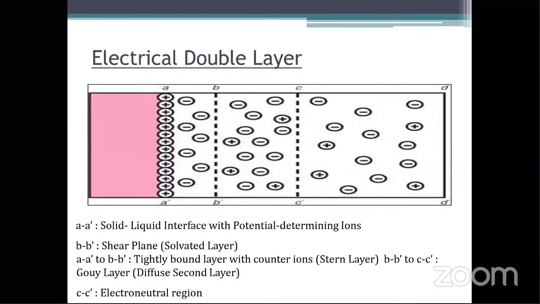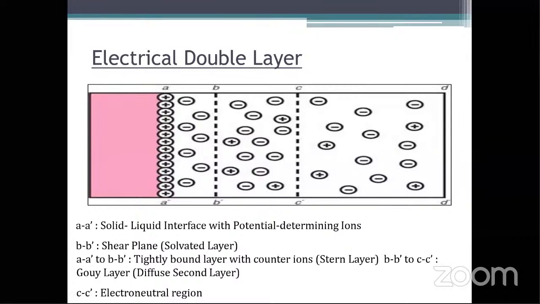Will that charge be positive or negative? Positive charge. Yes, very good. That will impart a positive charge. All these cations are referred to as potential determining ion. You have to remember this: all the cations that adsorb at the solid liquid interface are known as potential determining ion.